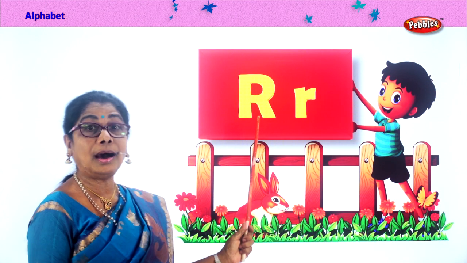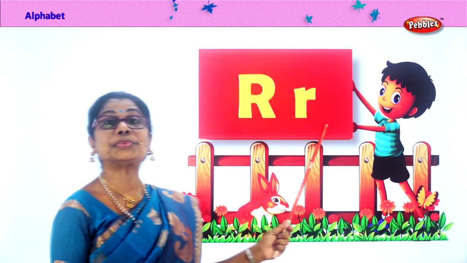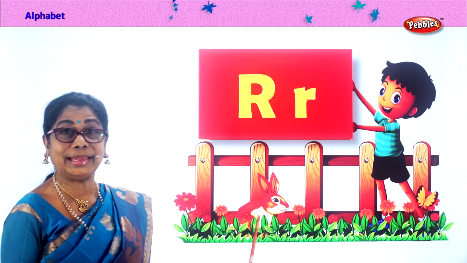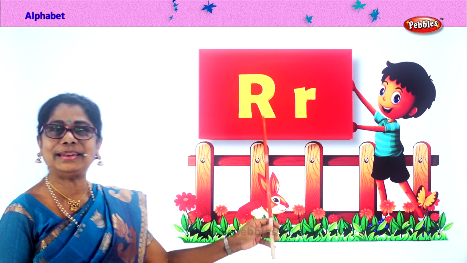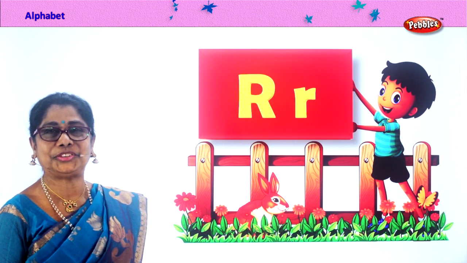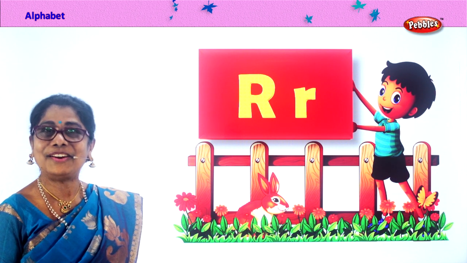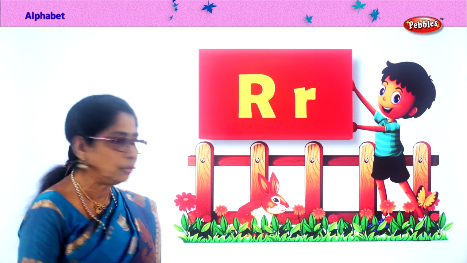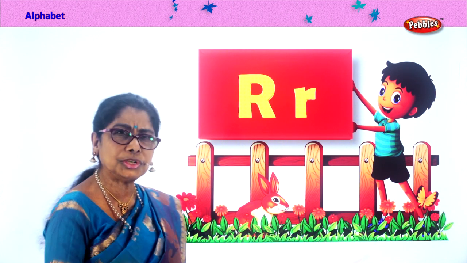The next letter that follows is R. Capital R, small r. When you look at letter R, who is this sitting over here? Rabbit. R for rabbit. What's the small thing that goes gnawing on the wood?